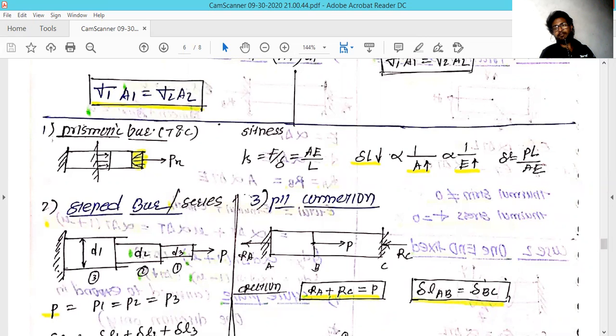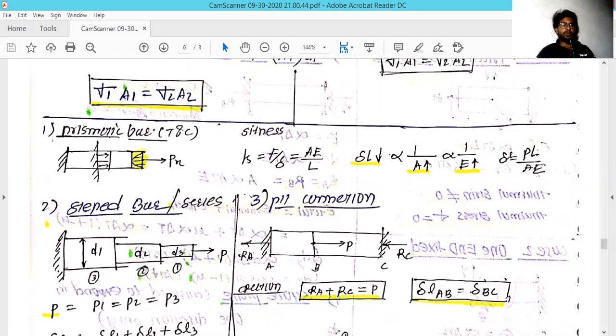In this condition, the E value for aluminum will be less, so the change in length will be higher, and steel holds the higher value compared to aluminum. So with different material but the same dimension, the change in length in the steel will be low. So this is why we go for steel.